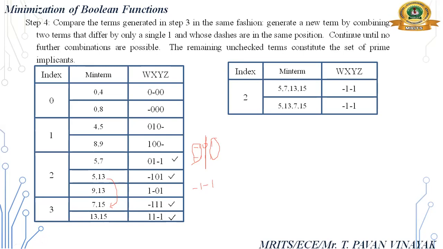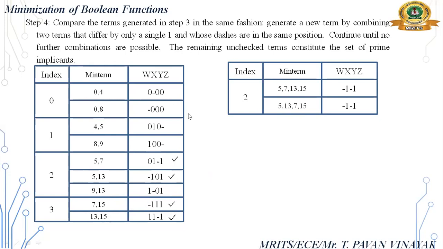Now check 9, 13 with 7, 15. 9, 13 is 1 dash 0 1 and 7, 15 is dash 1 1 1. Here we can observe two changes, so no need to compare that one also. Next 9, 13 with 13, 15, no need to compare. So tick marks are 4.